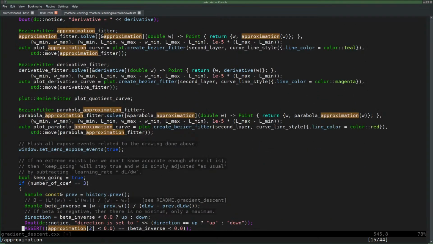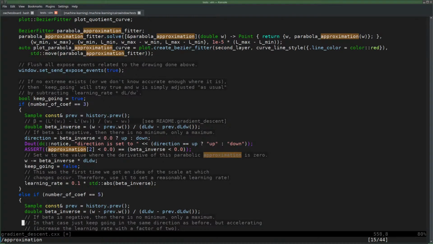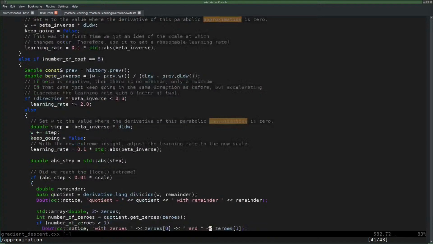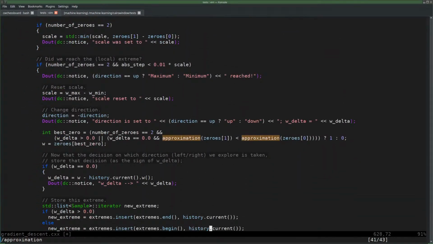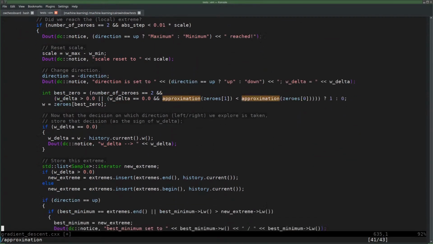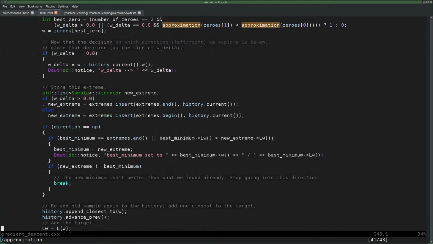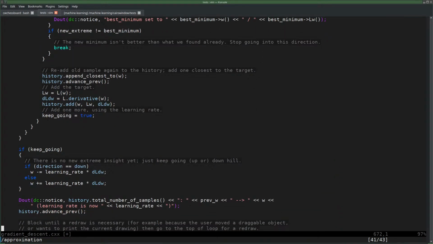This is a parabola approximation. The approximation is needed. Derivative.